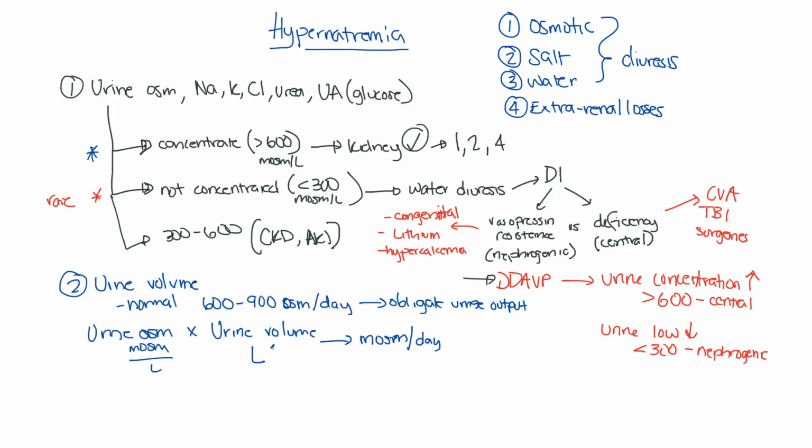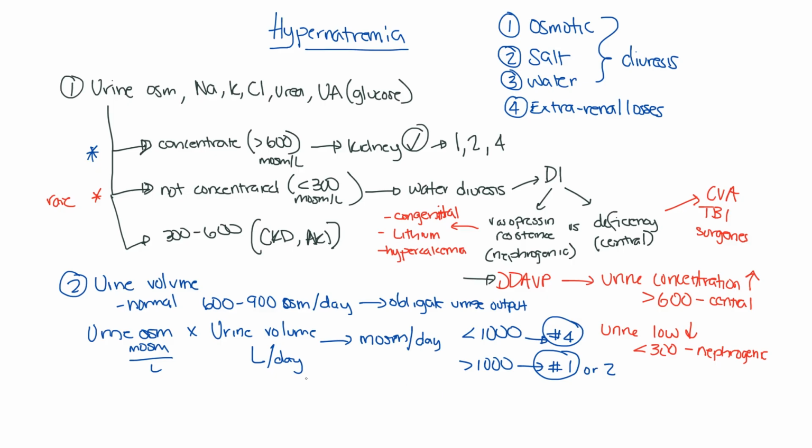If the milliosmoles per day is less than 1,000, then you are dealing with number 4 above. If it's greater than 1,000, then you are dealing with number 1 or 2, but most likely it's going to be number 1. All right.